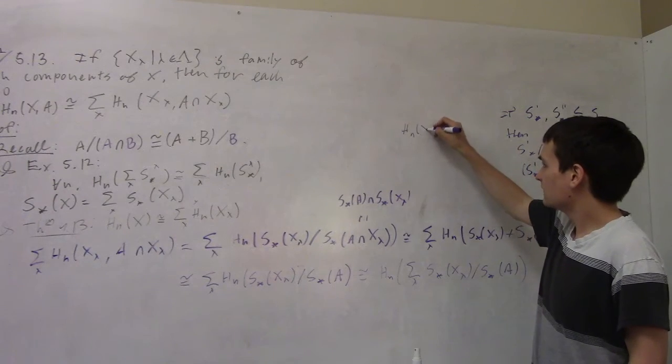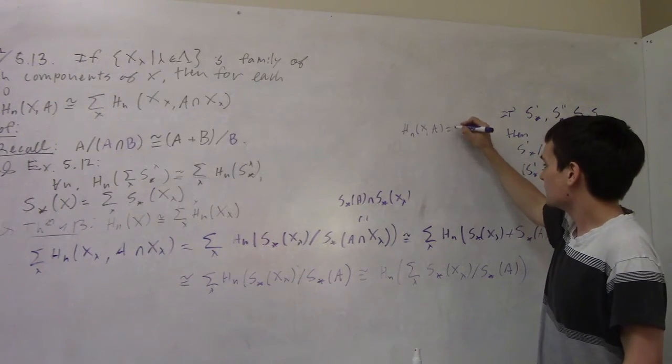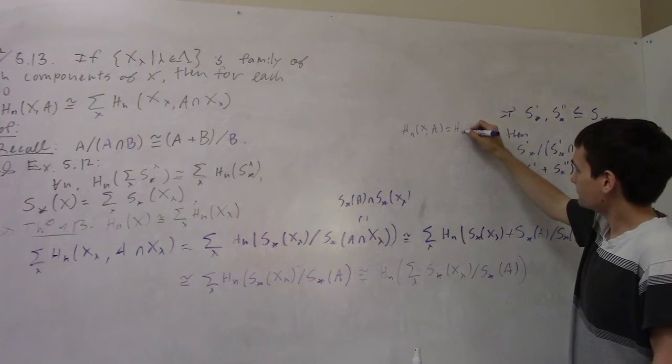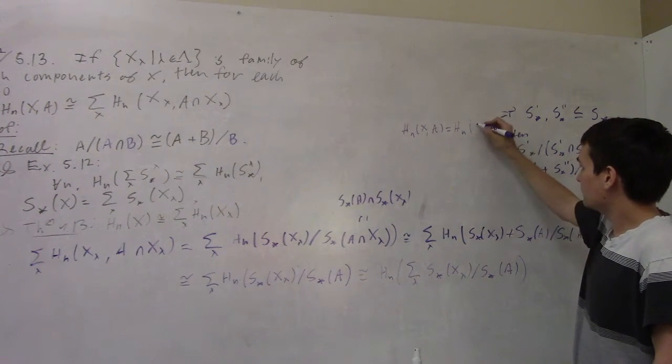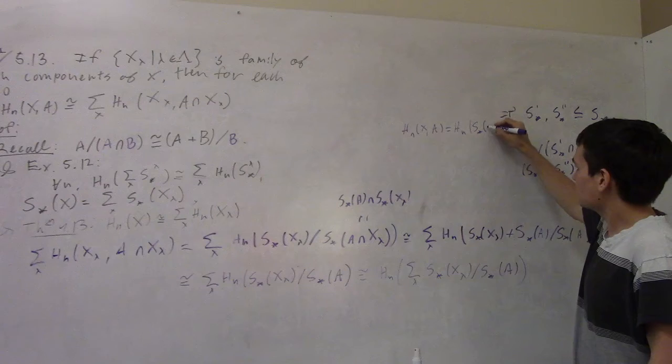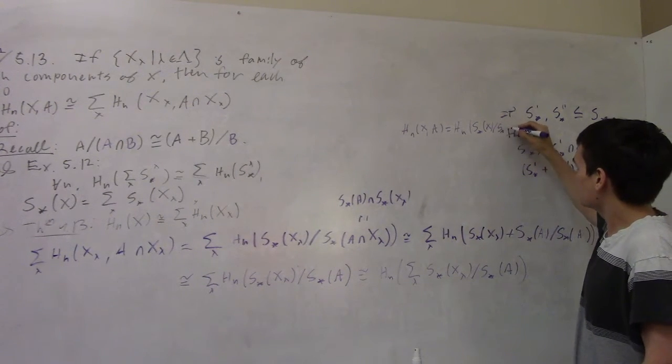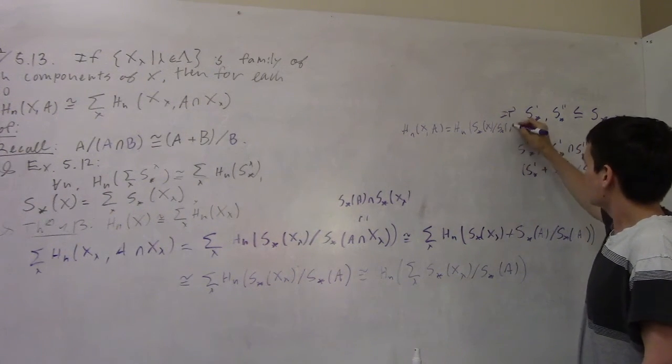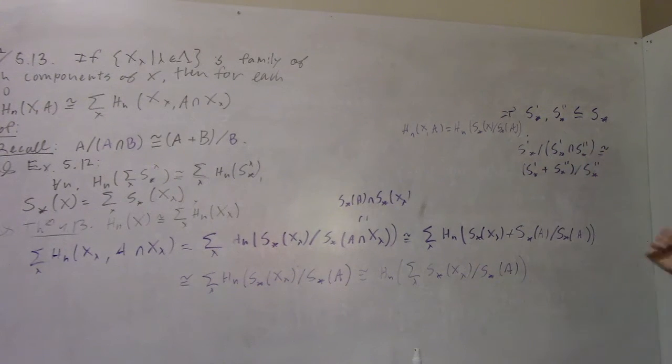H sub n of x, a is defined to be H sub n of S of x mod S of A. Don't you just want to leave the sum outside? Nathan, you just want to leave that sum outside because then, by your definition, Hn of the quotient of S star x lambda by S star of A is the relative homology that you're trying to get to. Just don't bring the sum inside.